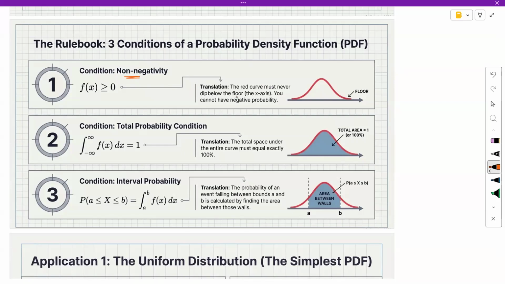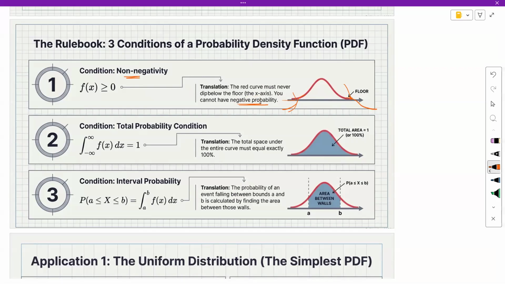When we translate this to the curve, the red curve must never dip below the floor, the x-axis. So it can't go like this, or like this. No. It never crosses the floor. You cannot have negative probability. That is rule number 1.